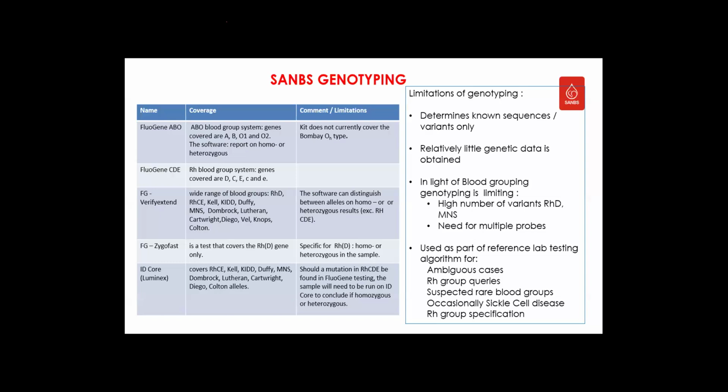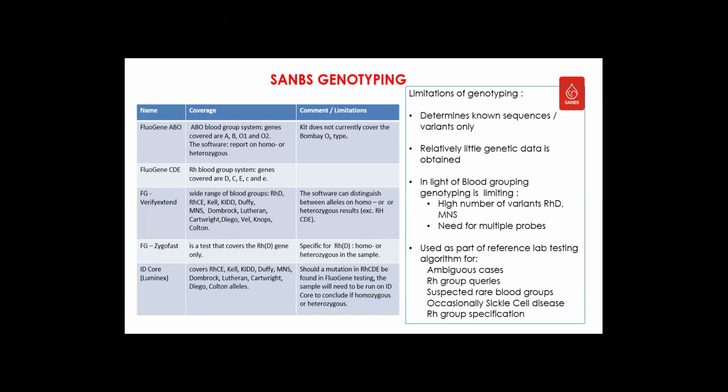The Verify Extend looks at a whole range of blood groups, and they are listed here, so that gives us good coverage there. And then we also have a very specific FlowGene test called the ZygoFast, where we can differentiate heterozygous from homozygous results.